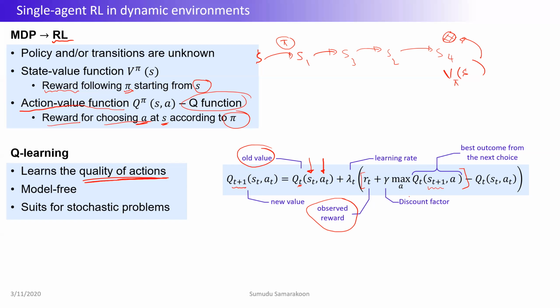Out of all the actions, we pick the best Q value, discount it by this discount factor, add it to the reward, and weight it with the Q value that has been observed over the course of the duration, and update the Q value for t plus 1. This is the main step behind the Q learning approach.